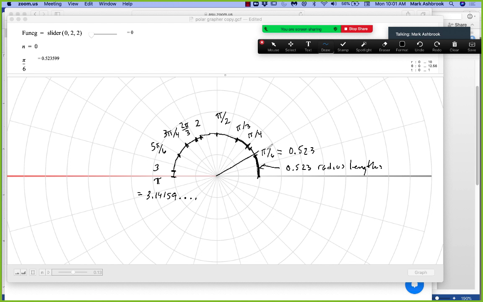So these symbols, 5 pi over 6, 2 pi over 3, again, they're not just labels for places. They are numbers that mean how many radius lengths it takes you to get to that. If you went that many radius lengths, then that would represent that angle of openness.